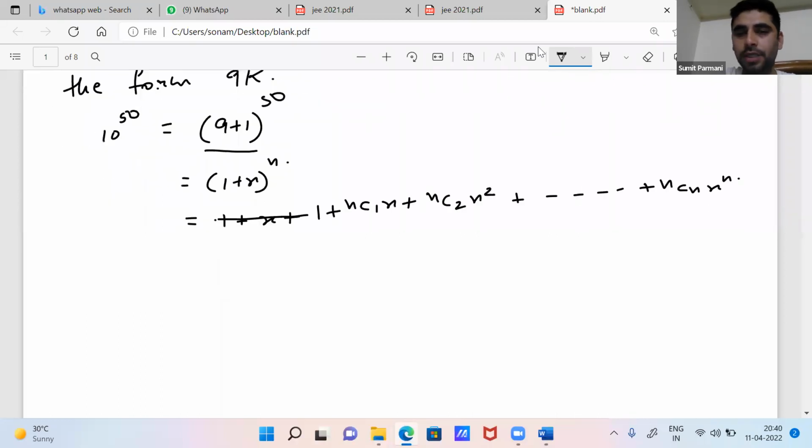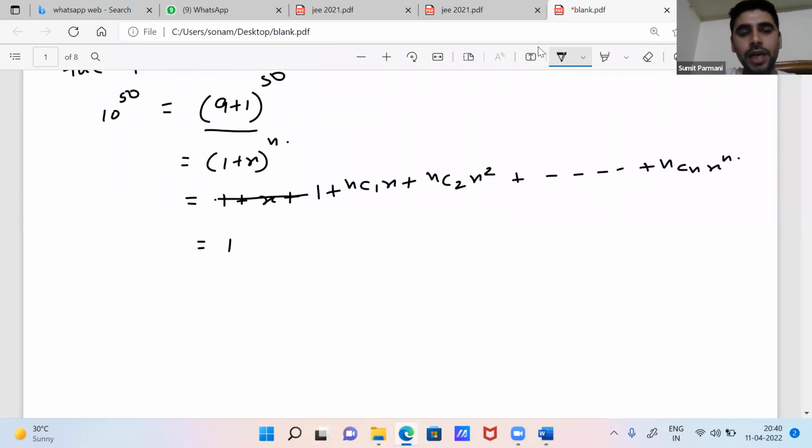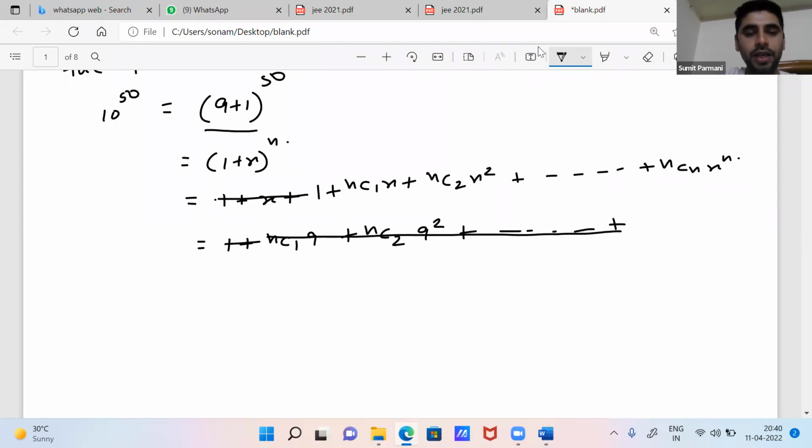From this, we can write 1 plus nC1 9 plus nC2 9 square till, in place of n we can write 50.